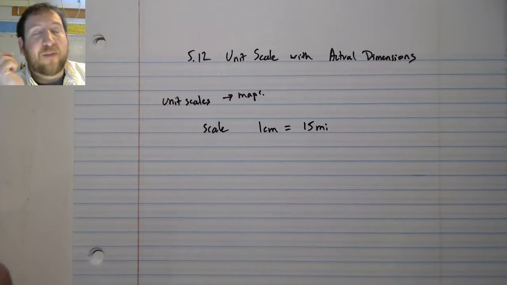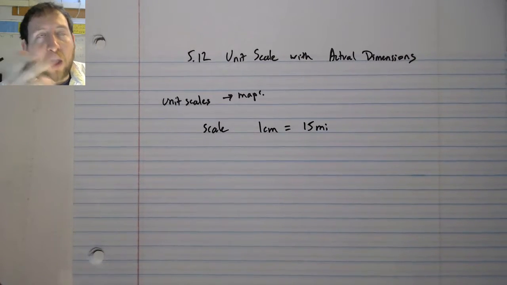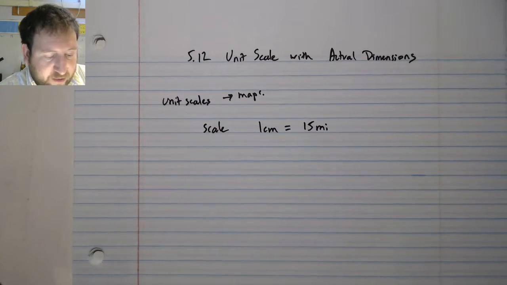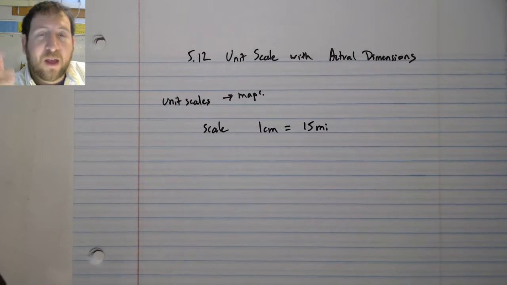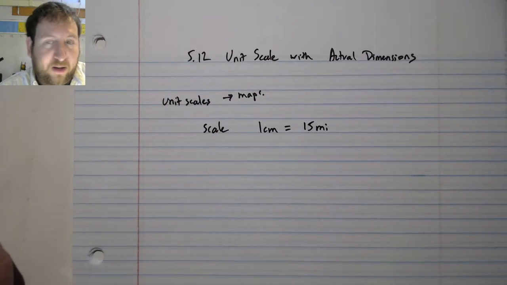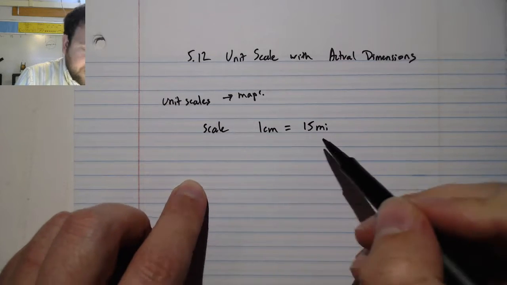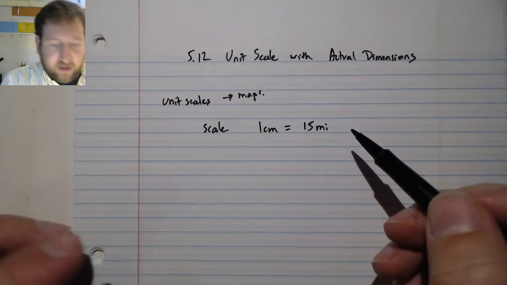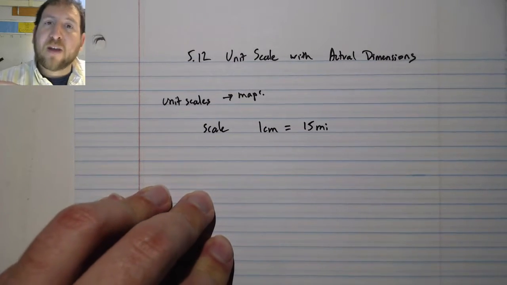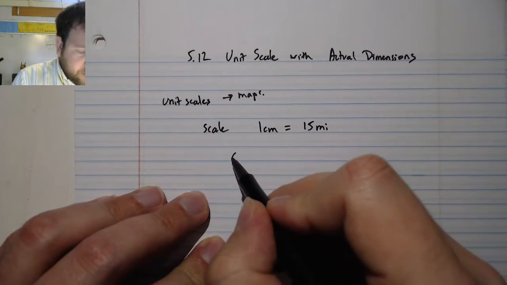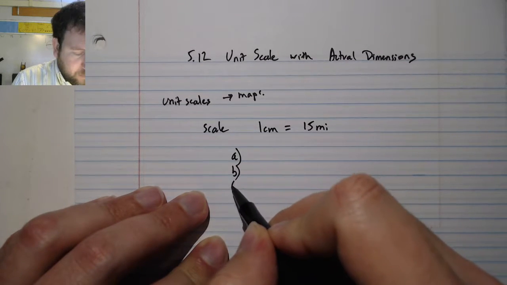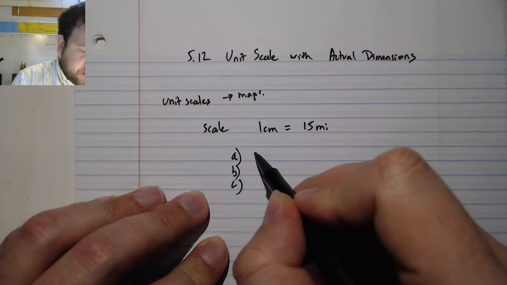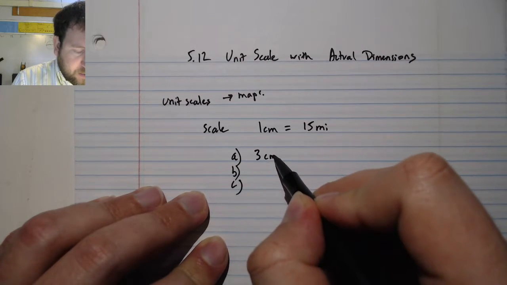Now, if I wanted, I could use my cross products and my scale factor to find it all, kind of like we did last time. But in this case, it's going to be much easier. So say my scale is 1 centimeter equals 15 miles, and then I have to find a whole bunch of different distances. For example, what if I have to find 3 centimeters?